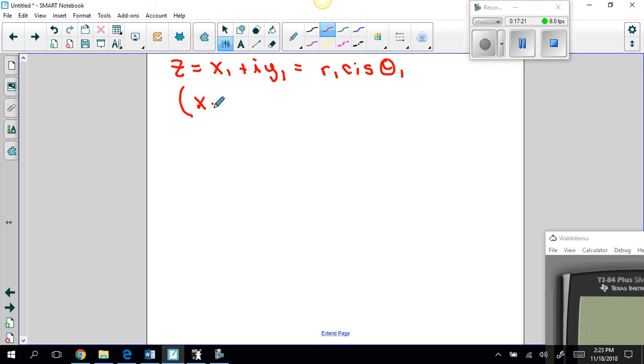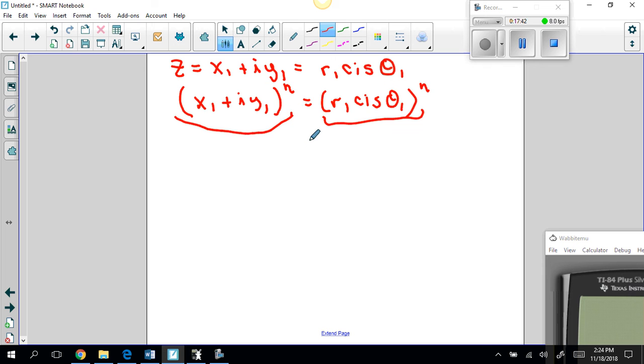And if I would like to go x1 plus iy1 to the n, which is no fun, write it down, n times multiply, like cube to the 4th. It's r1 cis theta 1 to the n. This is easy to do. Good, because I didn't want to do this. It's r1 to the n cis n theta 1. You're like, crazy.